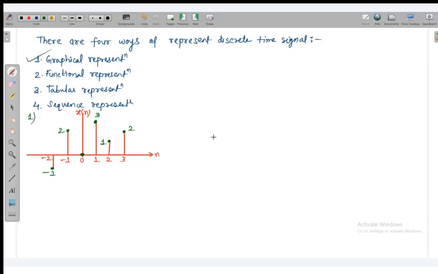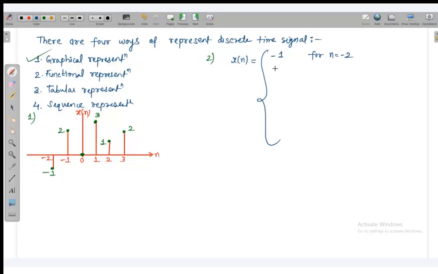Now, how do you write the functional representation? The functional representation is like this: x of n has the values: for n equal to -2, the x of n has the value -1.